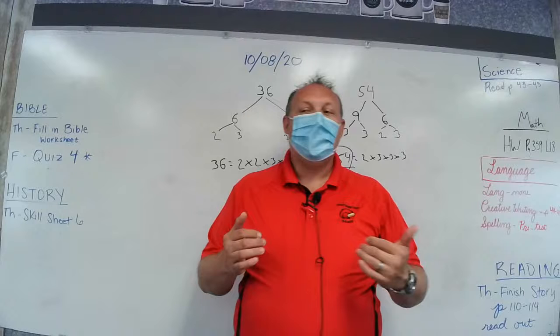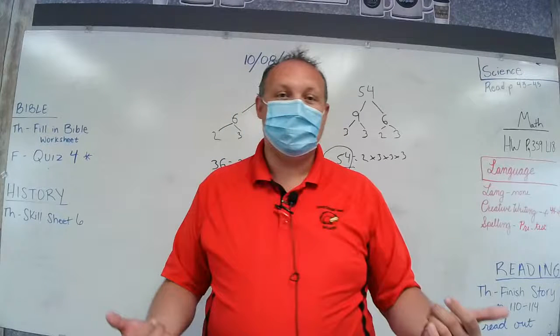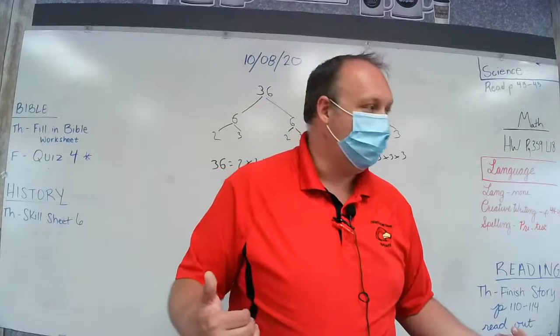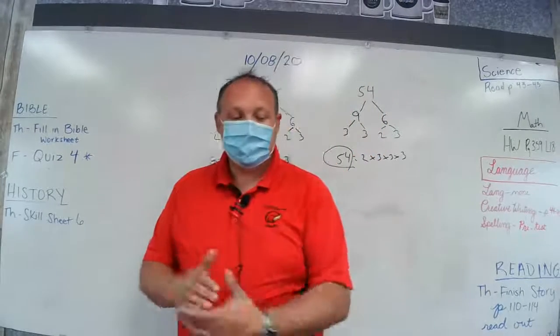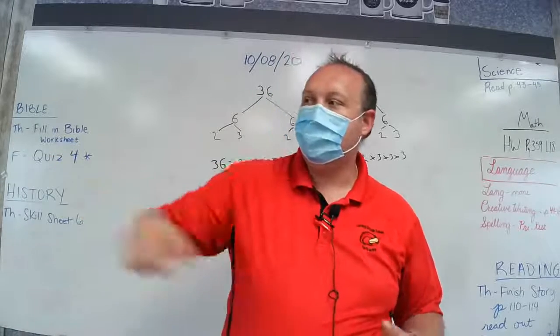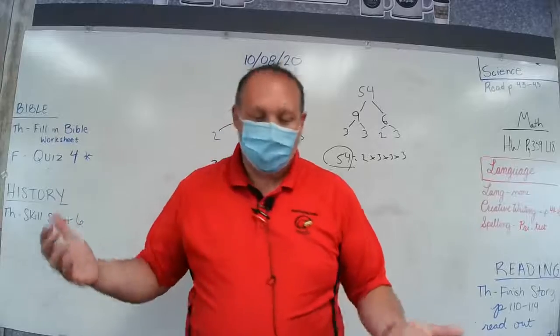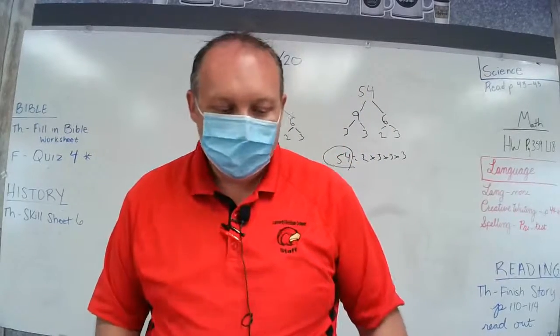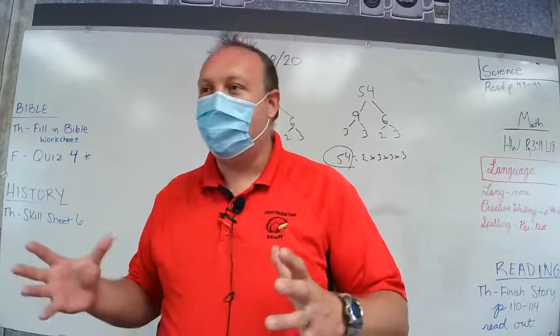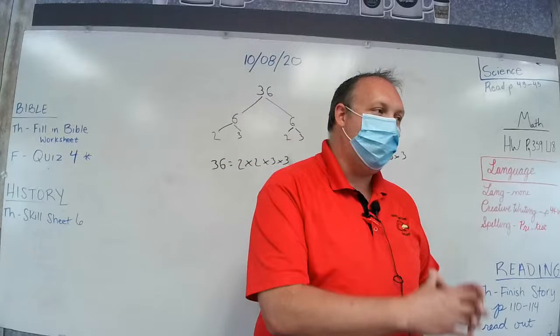Is 2 a prime number? Yes, it is. So we can't go any farther than that, can we? Now we break 9 down. What are the numbers for 9? 3 times 3. Is 3 a prime number? Yes, it is. So we've now broken the number 36 down into its prime factors.